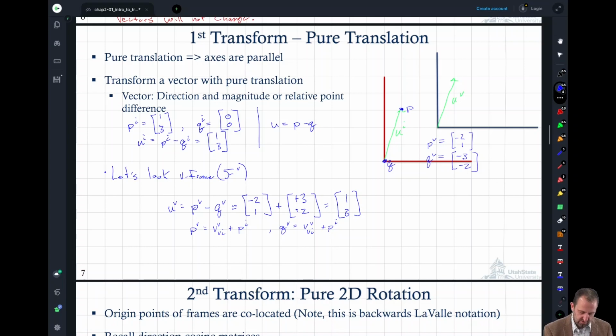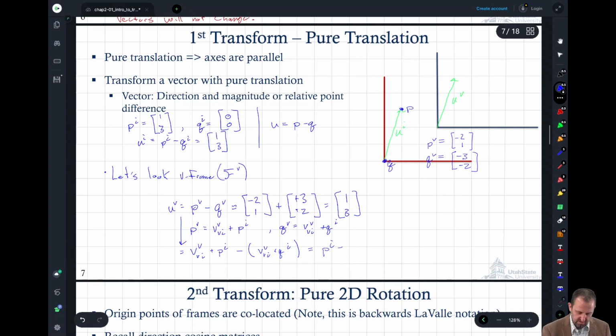If we wrote it down, substituting these in, we have V_VI in V plus P_I, subtract off V_VI in V plus Q_I, which is obviously equal to just P_I minus Q_I, because these two cancel out.